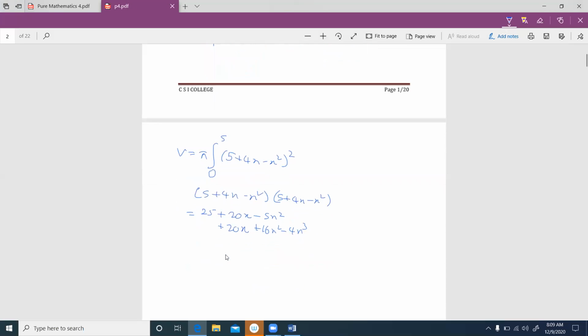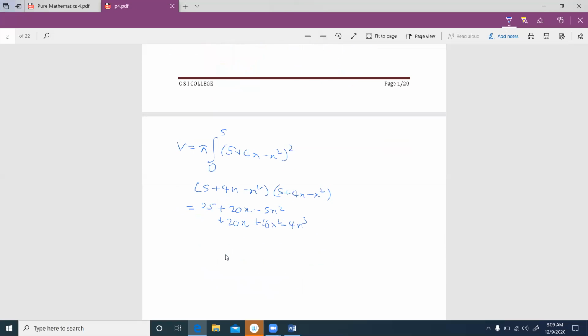Then minus x squared into 5, that is minus 5x squared. Minus x squared into 4x is minus 4x cubed, minus x squared into minus x squared is plus x to the power 4. So if you do addition of all these things, that is 25 plus 40x plus 6x squared minus 8x cubed plus x to the power 4, right?